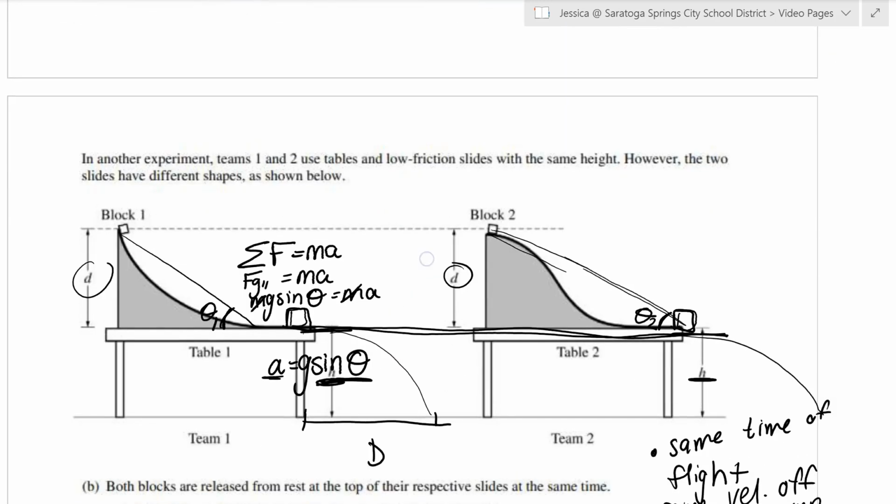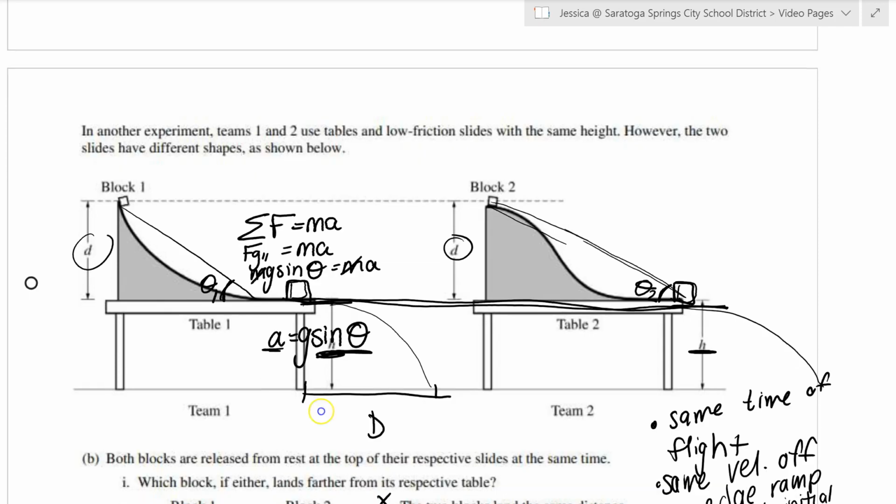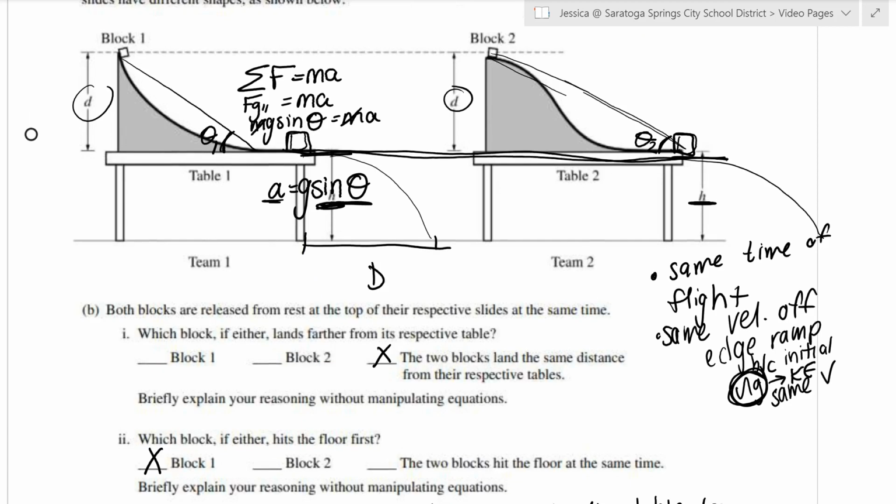So it doesn't matter that we take a steeper incline versus a less steep incline. The change in height is the same for both, so the change in velocity is the same for both. Okay, and if our initial heights off the tables are the same, then we're going to have the same horizontal distance. Okay. The differences, though, came up in part B2, where we were looking at which hits the ground first.